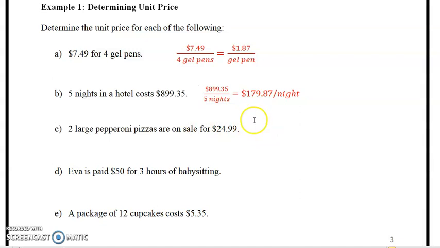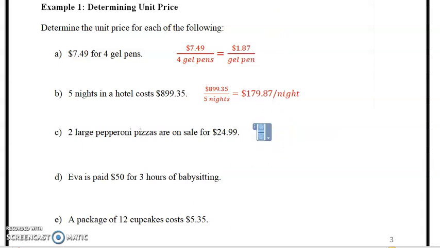Next, 2 large pepperoni pizzas are on sale for $24.99. What is the cost per pizza? And I know some of you got it in your head already. Sir, it's $12.50 a pizza, and you would be correct. But we punch that in the calculator. We put in our money, $24.99, the total cost.